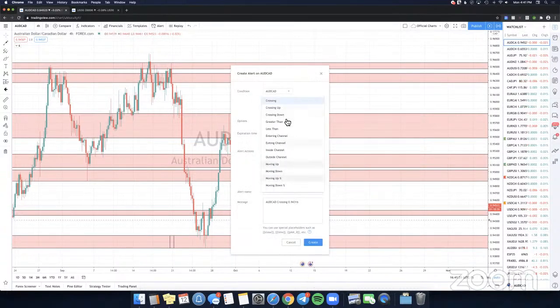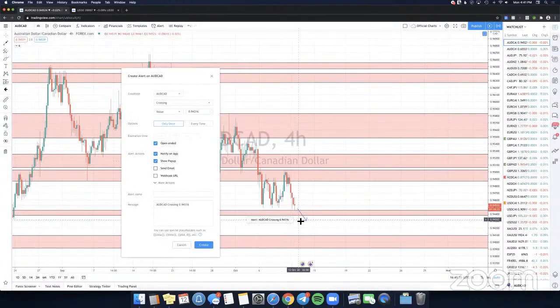So, crossing a specific price point, or you can say greater than X amount of price, or pips. There's a ton of different options here. Depending on which one you're looking for, I'm assuming it's crossing a certain price. So if you want to do that, you can put a specific price there. You can line it up, and you can see here on the side, it's 0.94353 if you want to do something like that.